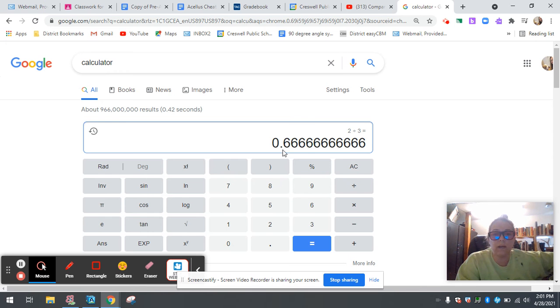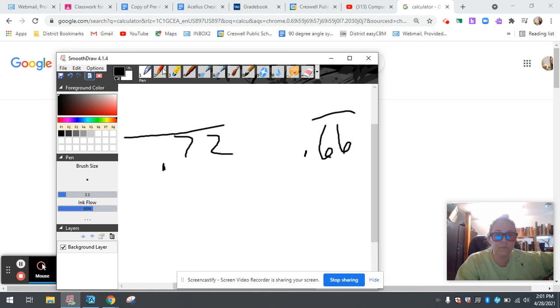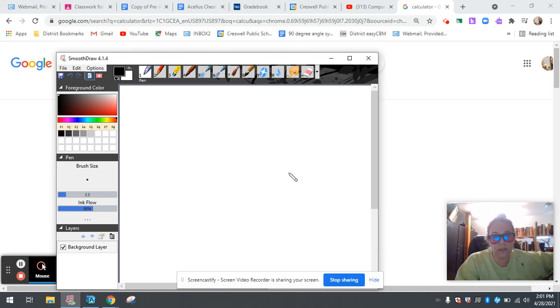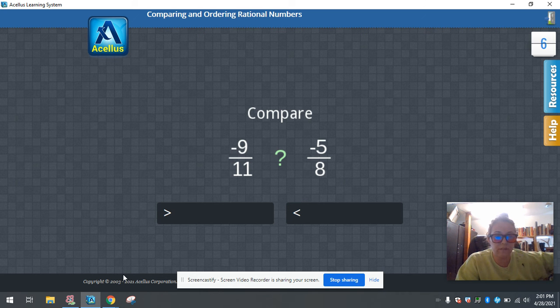So let's put these in a calculator. 9 divided by 11 gives me 0.81 repeating, negative 0.81 repeating, compared to negative 5/8.